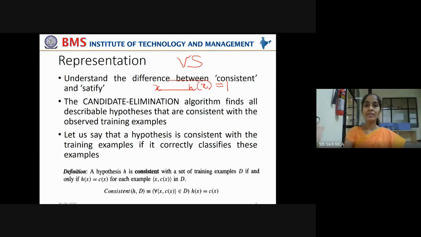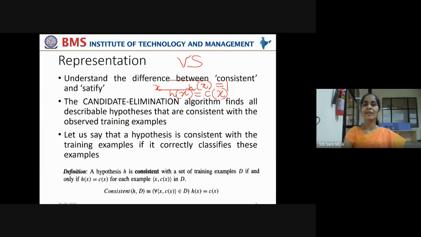But what is consistent? Consistent means that the hypothesis on an instance of the training examples is equal to the target concept, that is, it is according to the target concept for the positive examples.